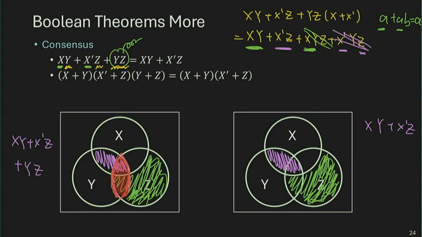So there's no need to additionally include that intersection. Right? It's a redundant part, already covered fully by the other two terms. And similarly, you can also use the Venn diagram to prove the other consensus. Again, by flipping 0 and 1 and flipping the operation, you get yet another equation. Right? You have one valid equation, you flip many of the things, you get another valid equation.